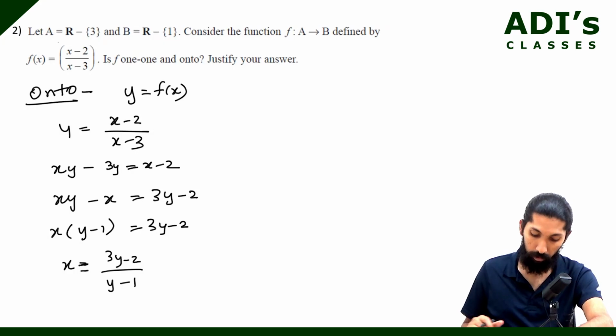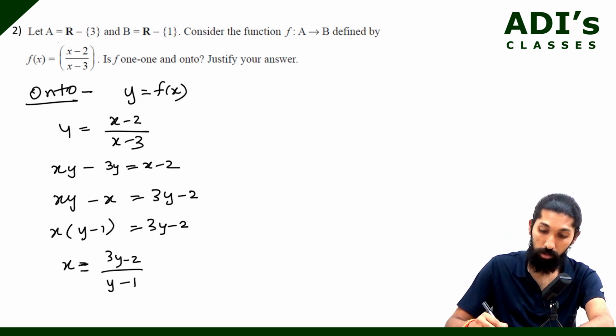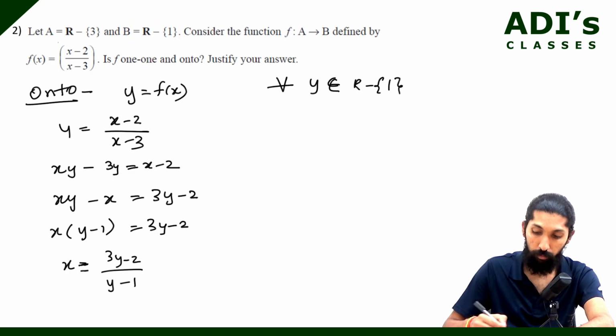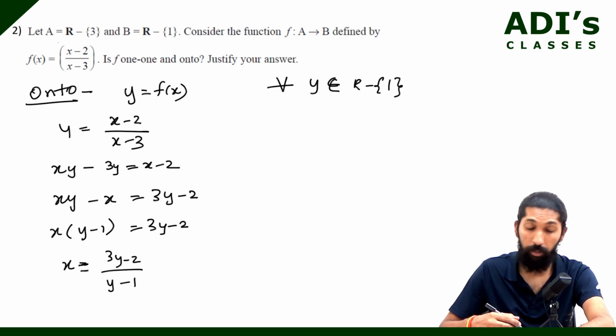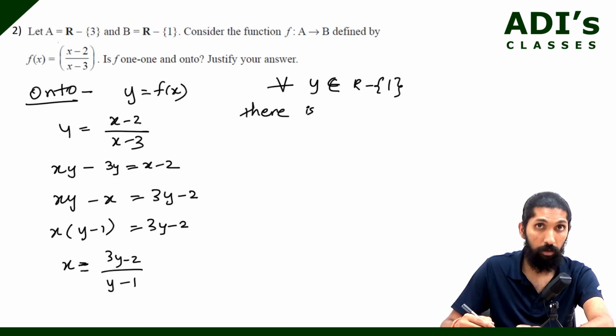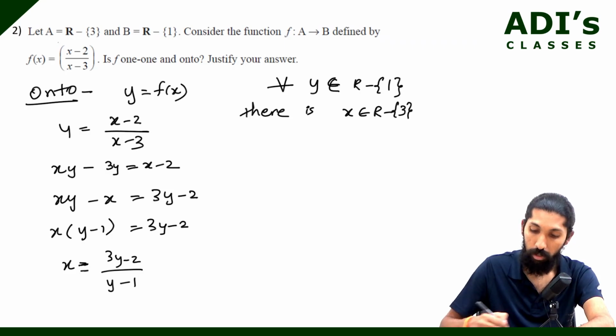Now, here, what we know is that they're all sets of real numbers. All of them are sets of real numbers, isn't it? So, for all y belonging to R minus 1, because you know that y cannot take a value of 1, for all y belonging to R minus 1, there exists x belonging to R minus 3.